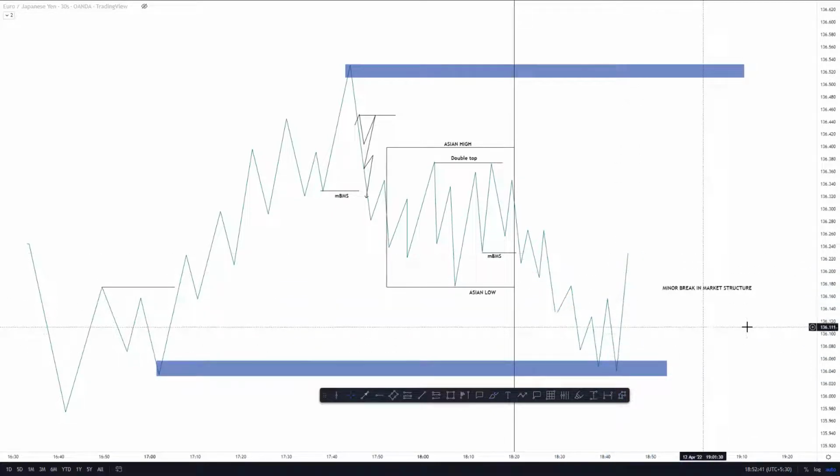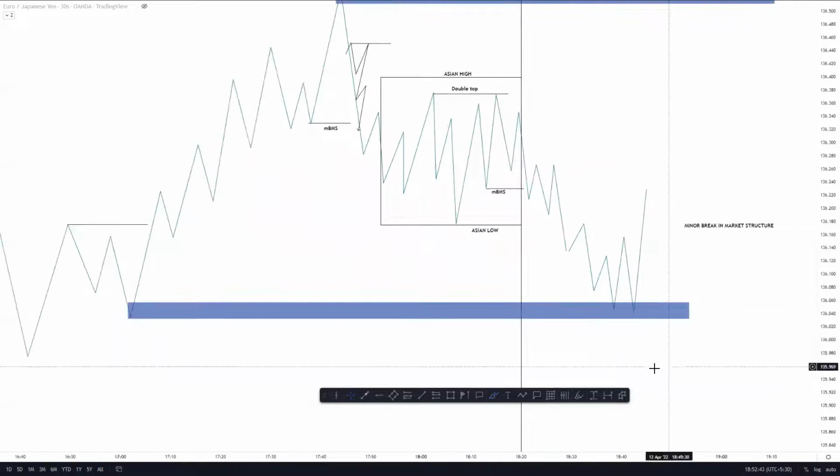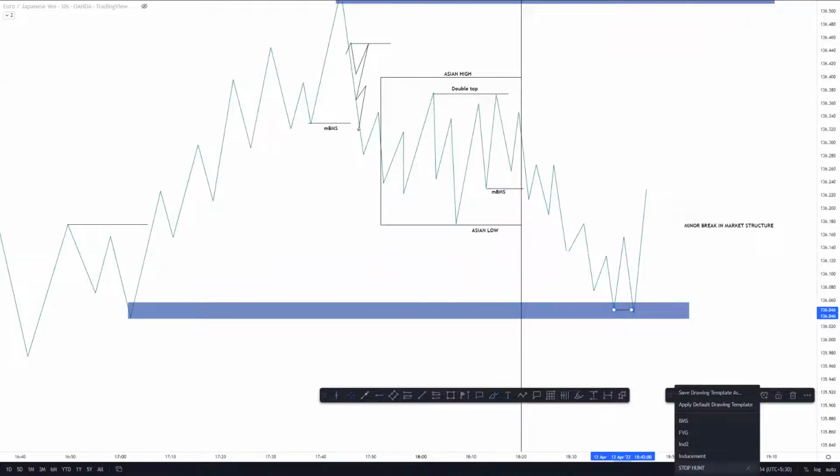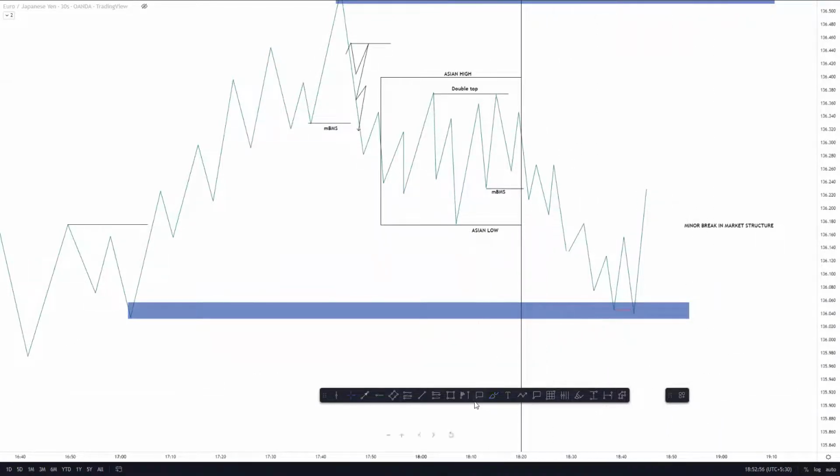So price mitigated this demand zone and given us a stop hunt. I will mark it as a stop hunt in red color and given us a break in market structure as well.